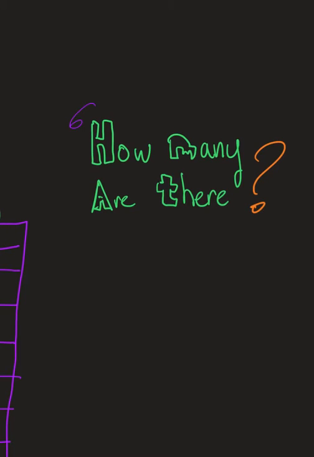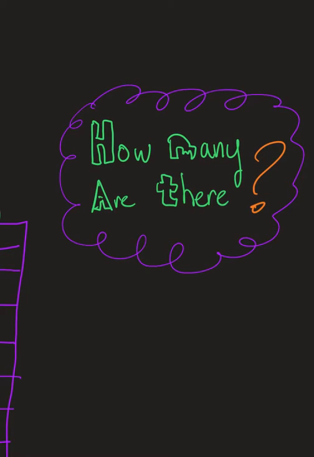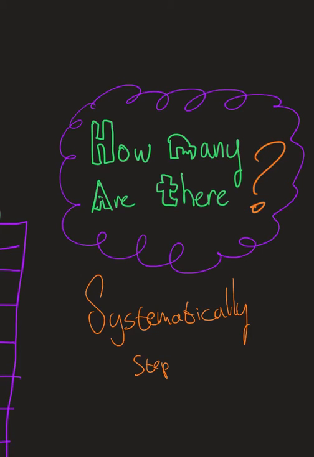Whenever the Olympiad is asking you a question like this, they are probably asking, are you someone who can work systematically? Systematically is a big word, but what it really means is, are you someone who can work step by step?